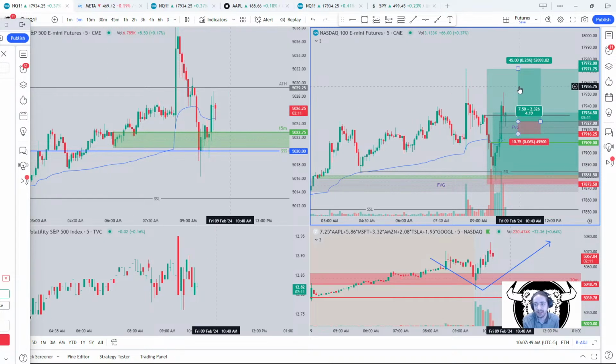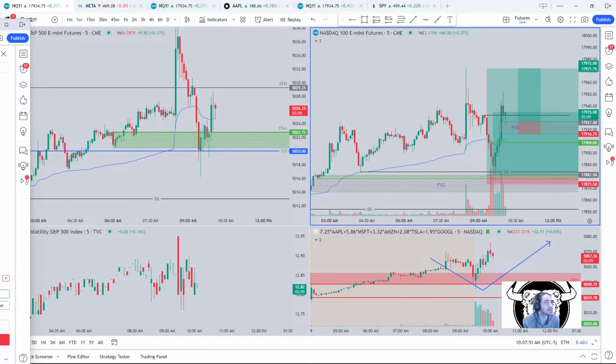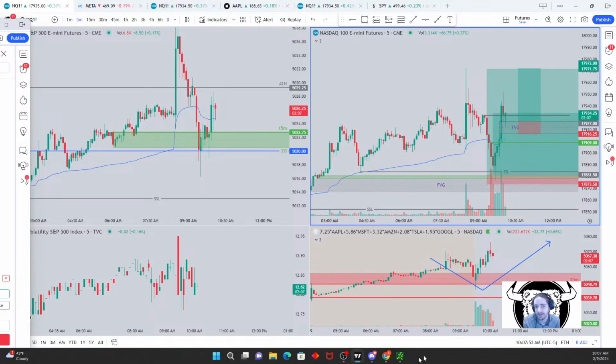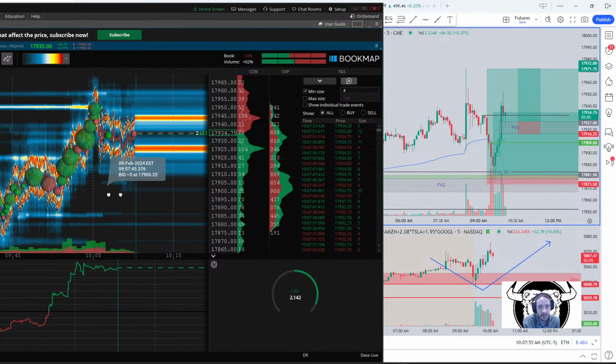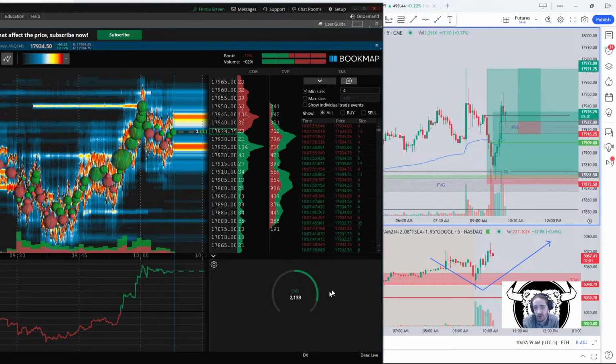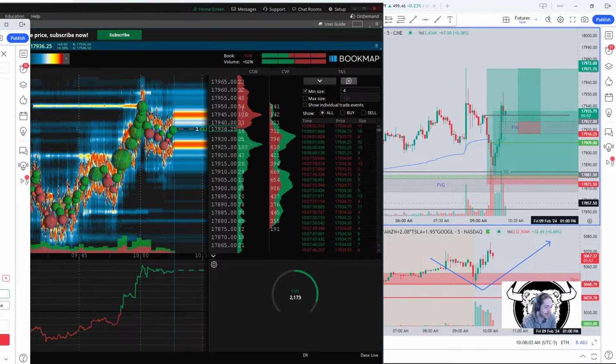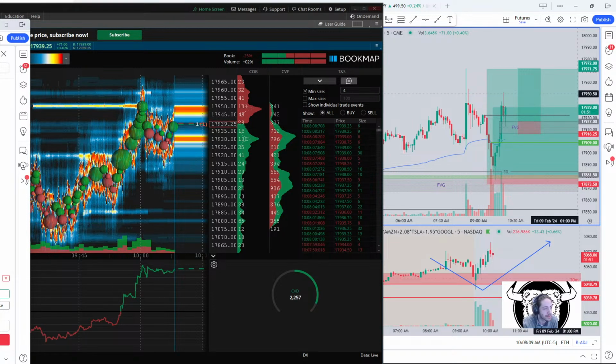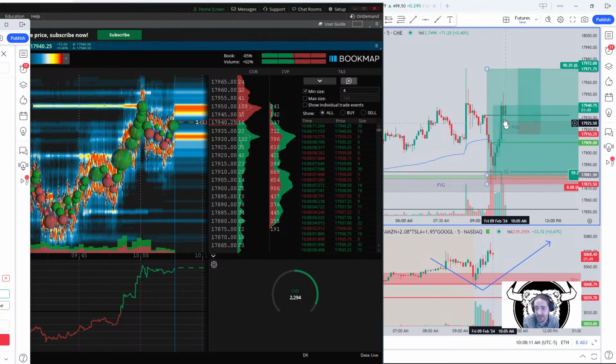Let's go, buyers. Oh, Bookmap. Yo, CVD, crazy green right now. And we've been killing it. This is wild. That would have been a great area to add.